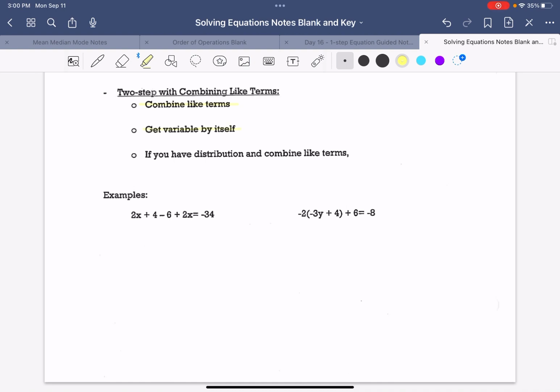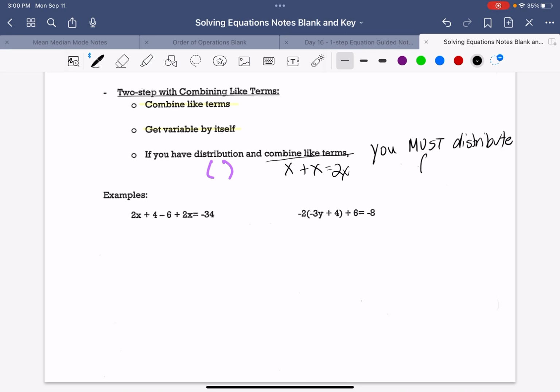Now remember, if you have distribution and combining like terms, distribution is when we have our parentheses, and combining like terms is when I've got x plus x, then I can combine those and make 2x. What I have to do is you must distribute first. Always do this first, okay?